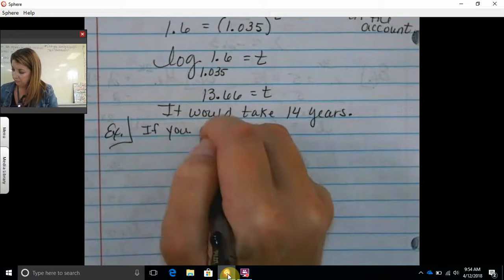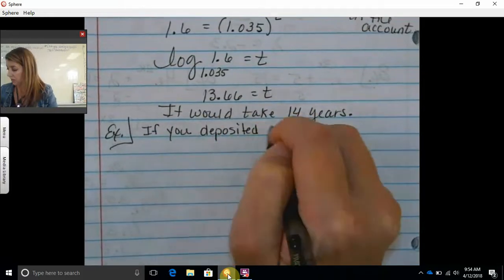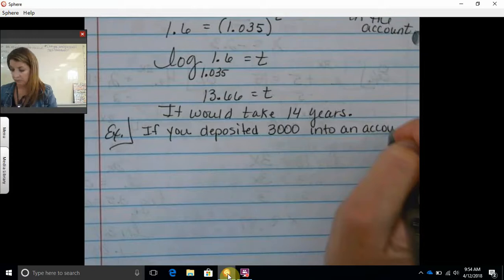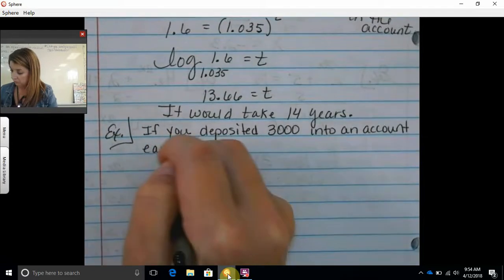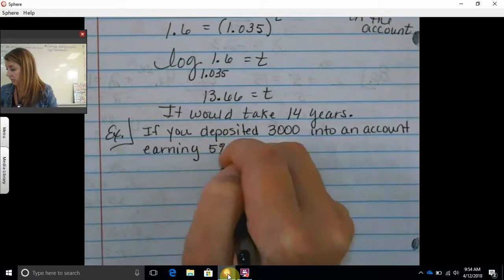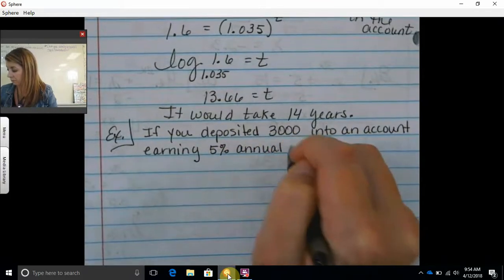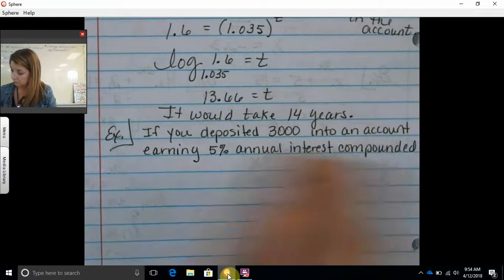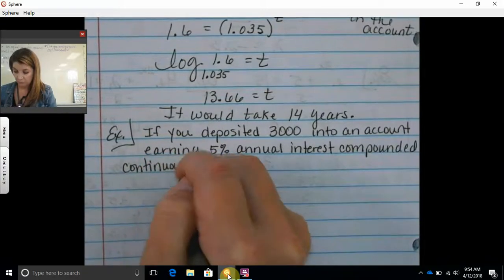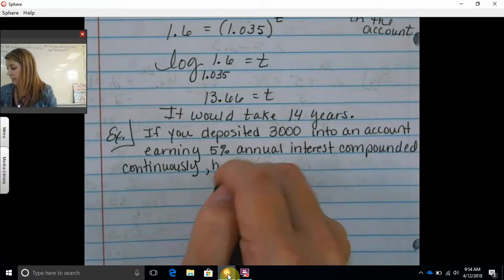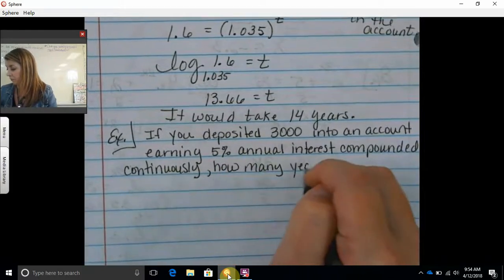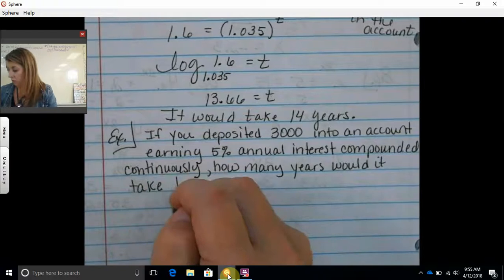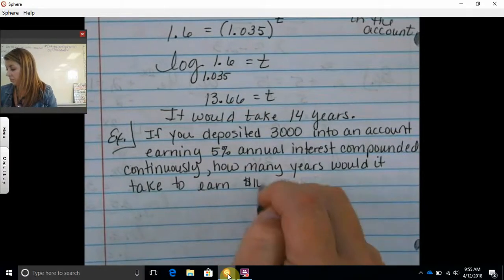If you deposited $3,000 into an account earning 5% annual interest, compounded continuously, how many years would it take to earn $10,000?